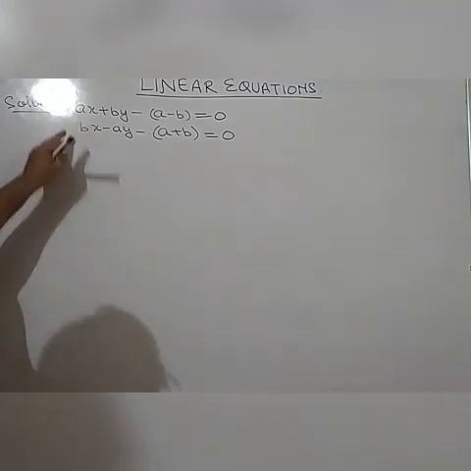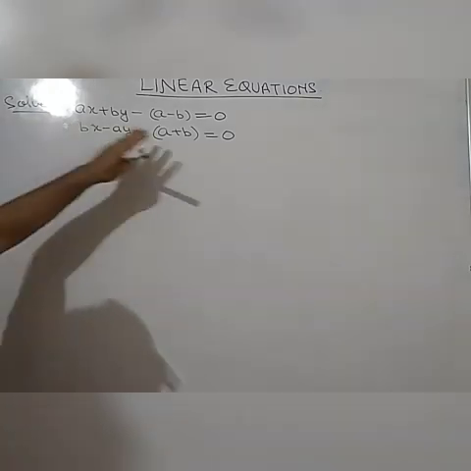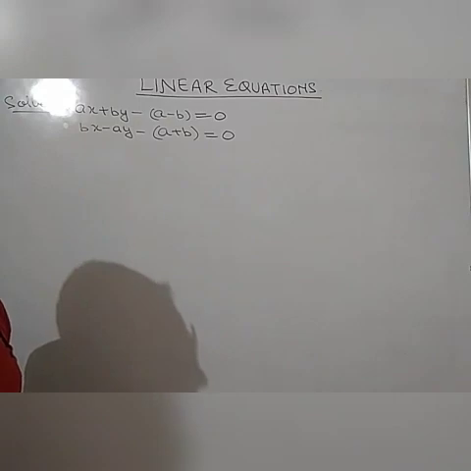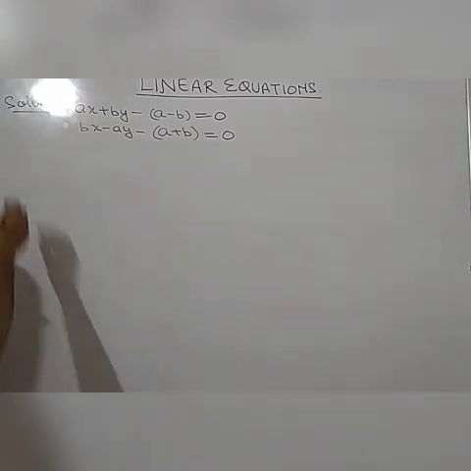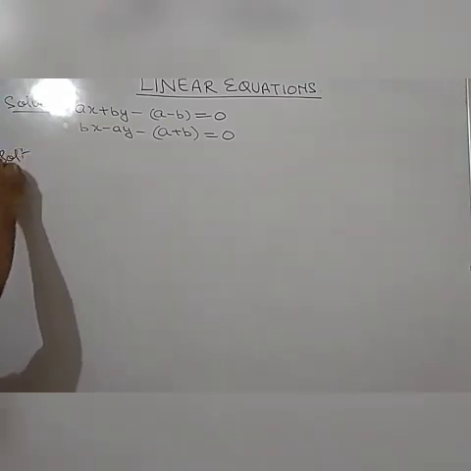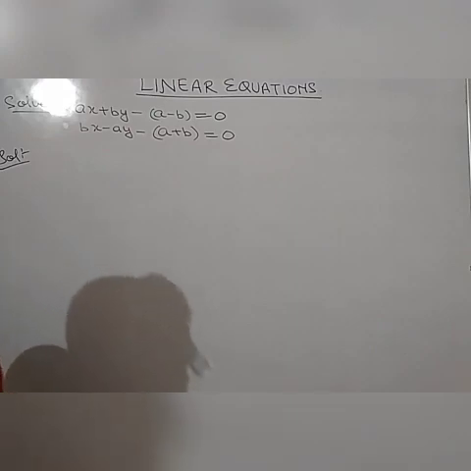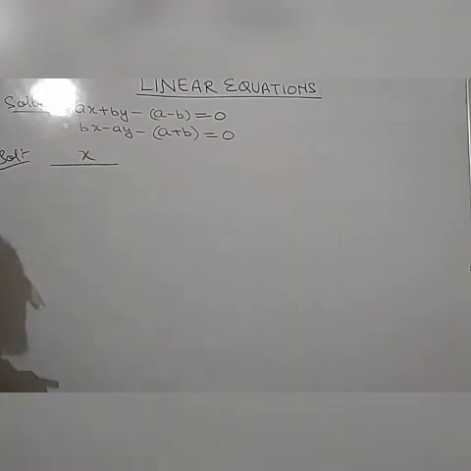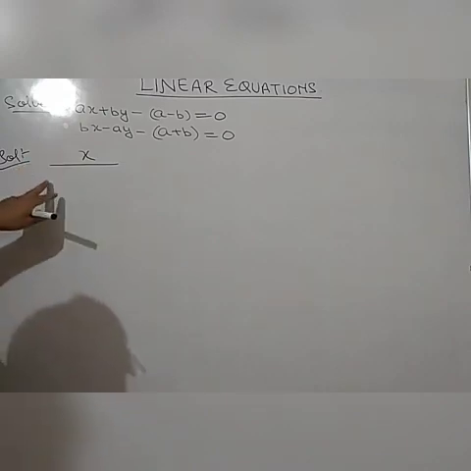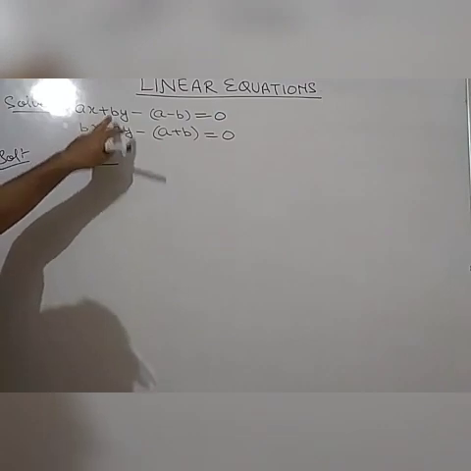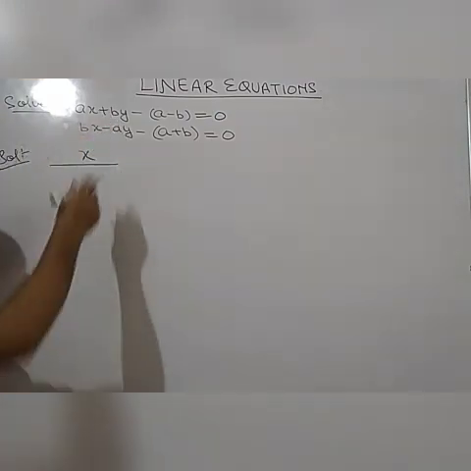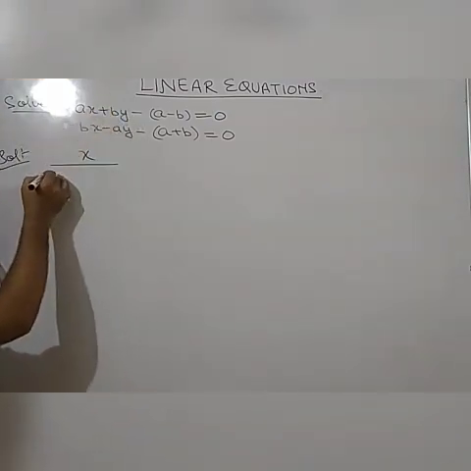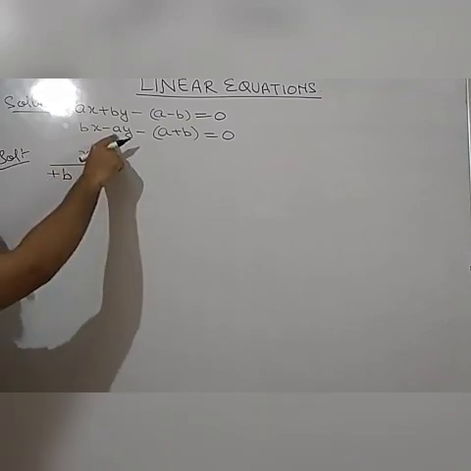Now these both the equations are in the general form of linear equation. Okay, so now starting with the cross multiplication diagram. First write x upon. So what we write in upon x? First we write the coefficients of y. So the coefficient of y is plus b in the first equation and minus a.